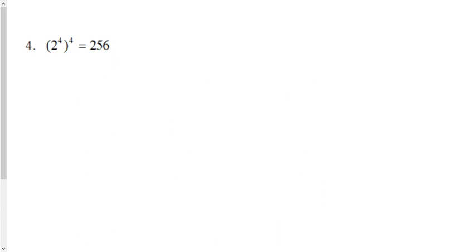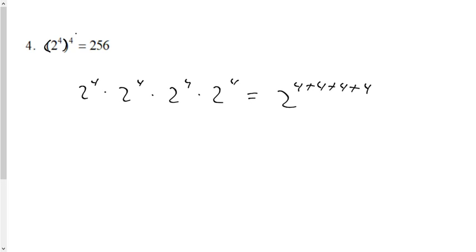Our next question is an exponent to an exponent, which is really law 3. If we think about this, the power has brackets around it, which means we can consider it our base to an exponent of 4, which means the base, which is this, multiplied by itself 4 times. And I can use that little dot there, by the way, to represent multiplication. And we know that if we're multiplying 4 powers that have the same base, law 1 says you can keep the base and add your exponents, which would give us a standard form of 2 to the power of 16.